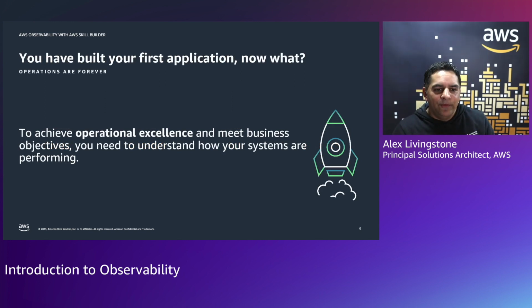Okay, so you've built your first application in AWS. So now what? Well, observability helps you, amongst other things, to prevent or detect failure, improve your customer experience and reduce costs. If you've ever seen a talk by Dr. Werner Vogels, he's the VP and CTO at Amazon, he says 2 things.